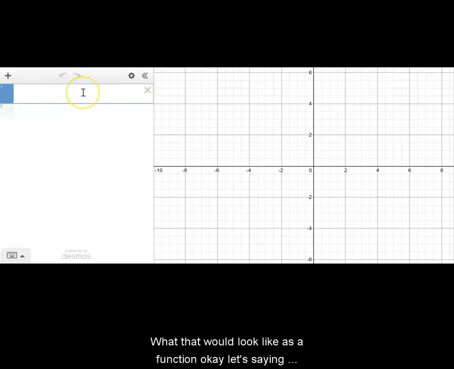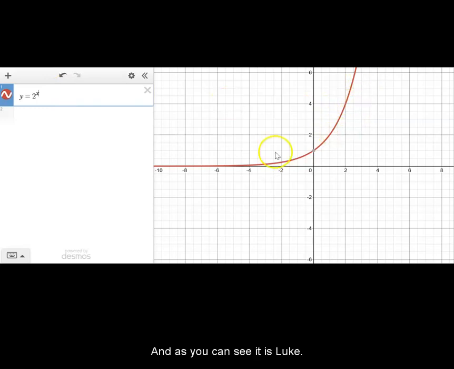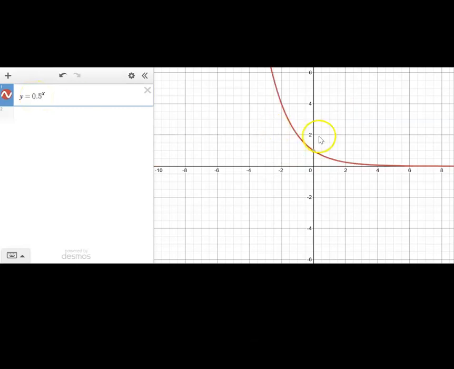Okay, so now that we're in Desmos, let's say that our function is 2 to the x power here, and as you can see, it is increasing. If it was, let's say, 1/2 to the x, I'm exponentially decreasing. As I move forward, my function is getting smaller.